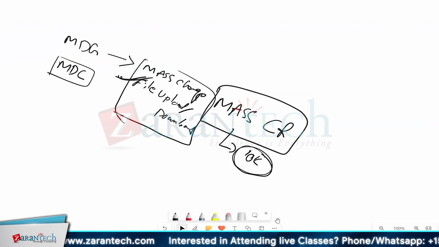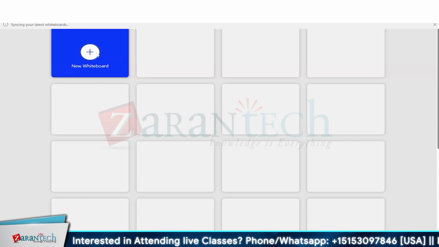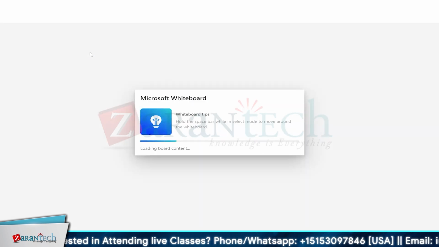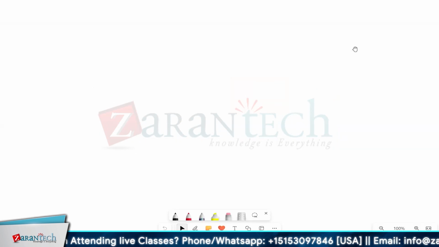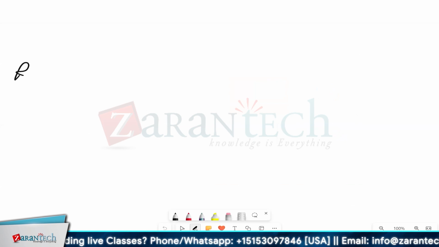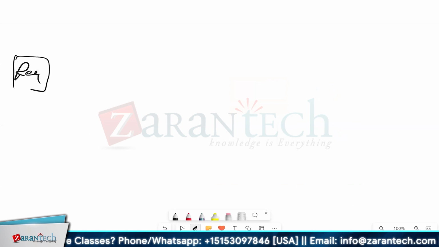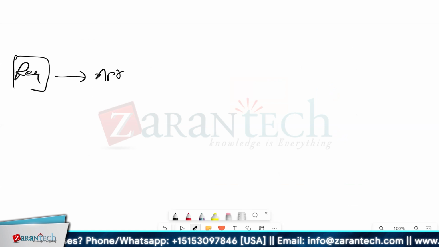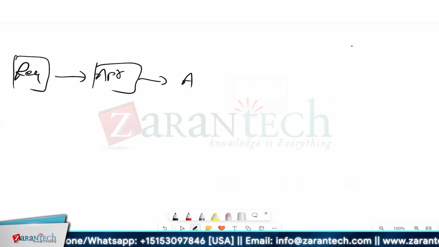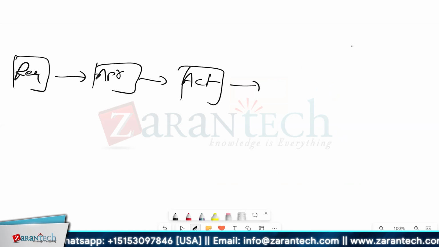From the workflow point of view, you will have requester, approver, then activate, and then workflow complete.